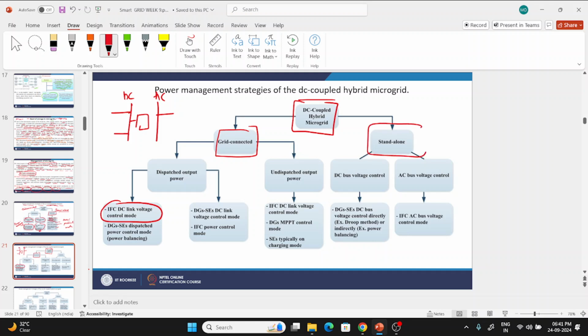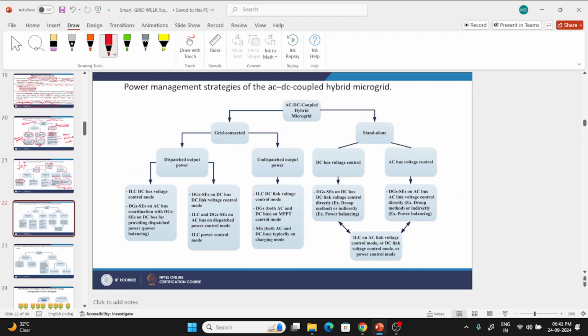Then standalone is being done based on the DC bus voltage control, AC bus voltage control, ISC AC bus control, and then the DG voltage bus control, like droop methods or any other method.